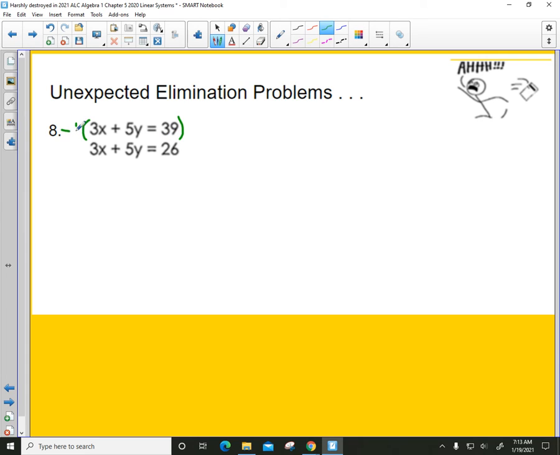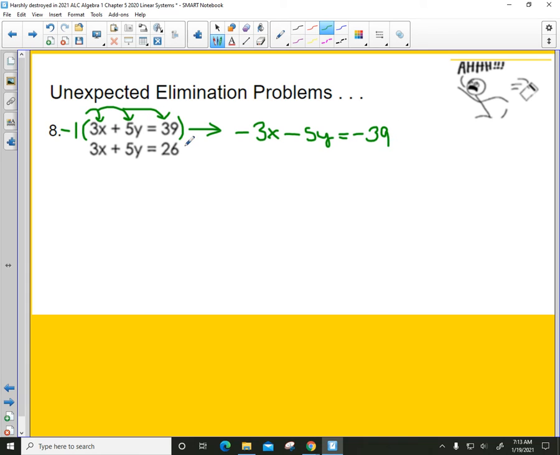Hopefully you said -1. And now we're going to distribute that. Everybody gets times -1. So what will be the new statement written right here? Hopefully you said -3x minus 5y equals -39.